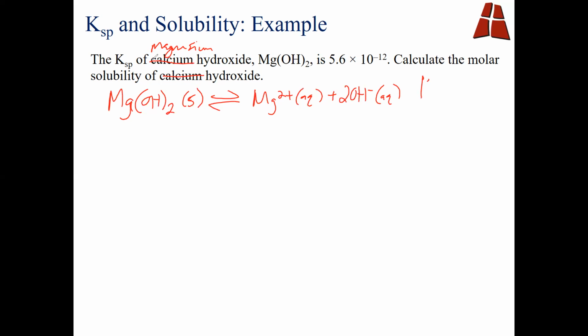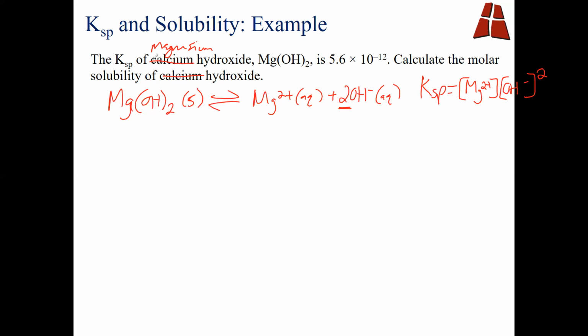And we wrote out the Ksp expression there, which we said is equal to the concentration of Mg2+ times the concentration of OH minus squared. Right? That squared, again, comes from our coefficient there.